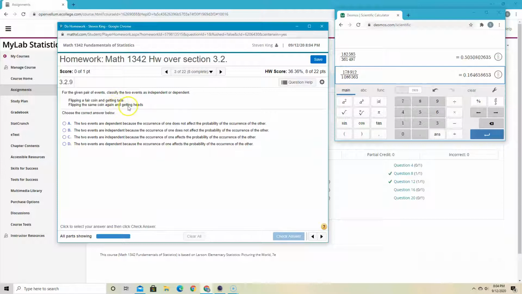So then this second event is not dependent on what happened on this first one. The second one is completely not influenced. It's not impacted by what happened on the first toss. The second toss is independent. What will happen on this second toss is completely independent of what happened on the first toss. So we call these two events independent.